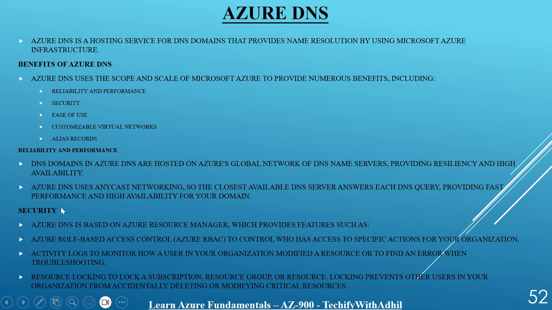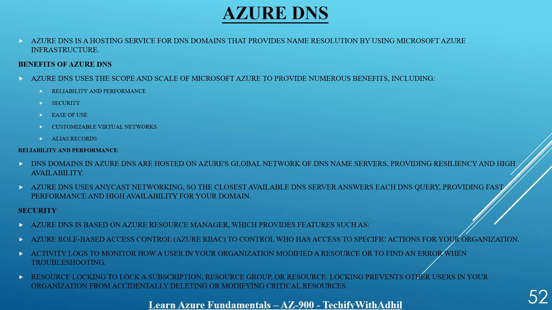Then for the security part, Azure DNS is based on Azure Resource Manager, which provides features like role-based access control. With Azure, this is very common; we keep looking at role-based access control at every point of Azure topics. So Azure role-based access control can be used in Azure DNS. Then activity logs to monitor how a user in your organization modified a resource or to find an error when troubleshooting.